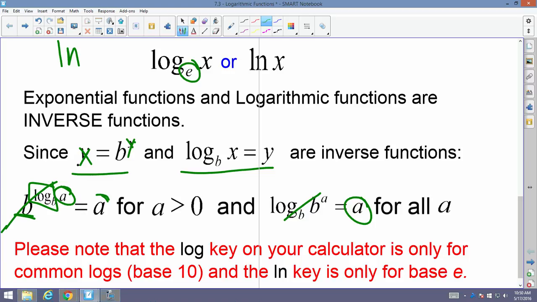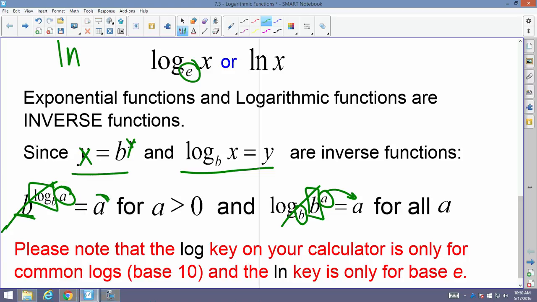If I have log of base b with an answer of b, they cancel, and I'm left with a as my answer. Raising a base to the log of that base cancels it out. Having a log of a base next to an answer of the same base cancels it out.